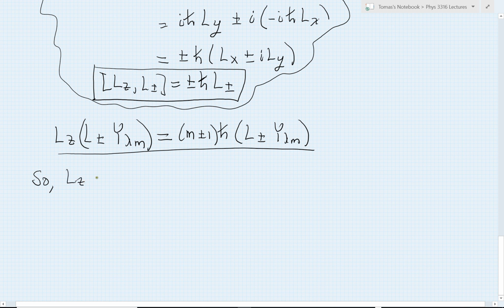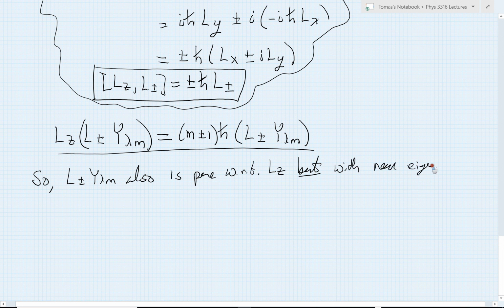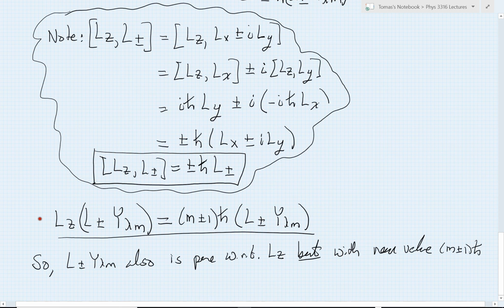L plus or minus on Y lambda m also is pure with respect to Lz, but with a new eigenvalue, a new pure state value, and the new value is now (m plus or minus 1) ħ. The plus or minus depends upon whether I've applied L plus or L minus.